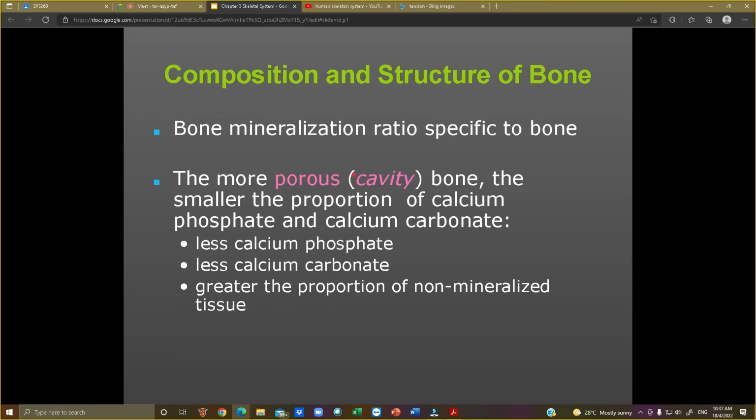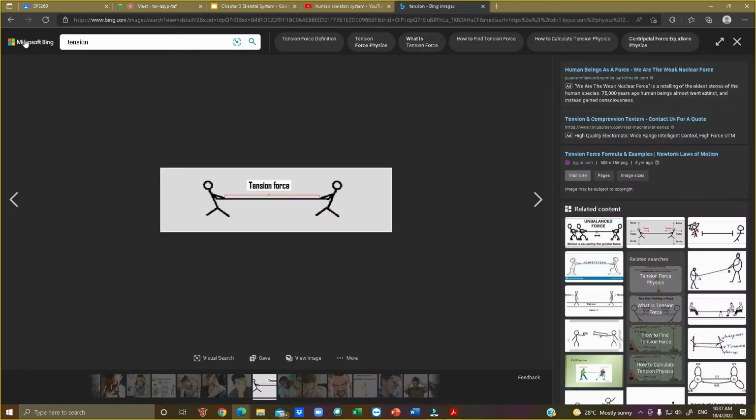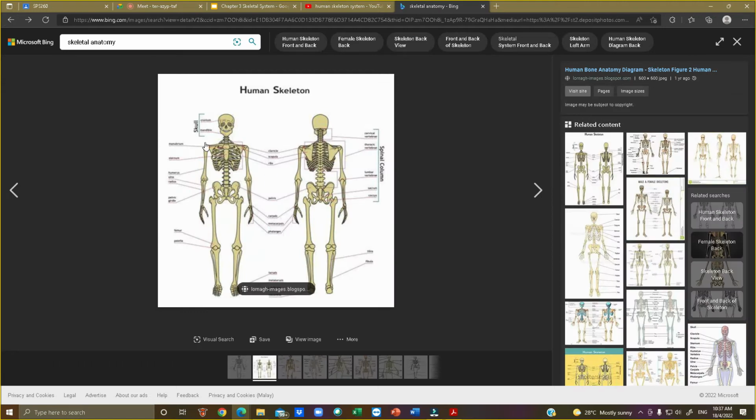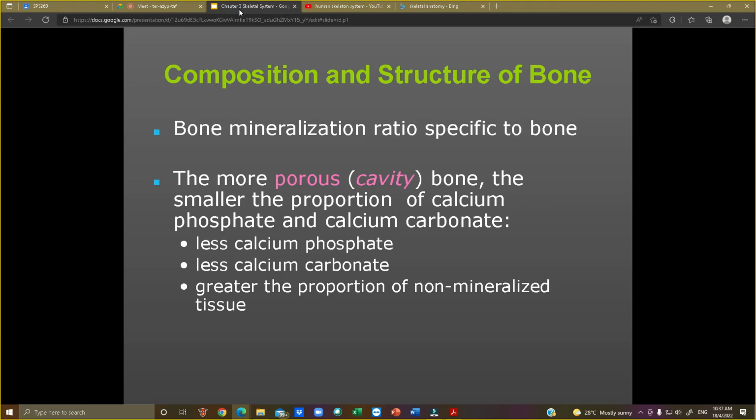Our bone, regardless of placement, kisahlah dia dekat mana, mana-mana bahagian pun tulang kita ni, it will always consist of two types. The difference is just towards the ratio of porous.